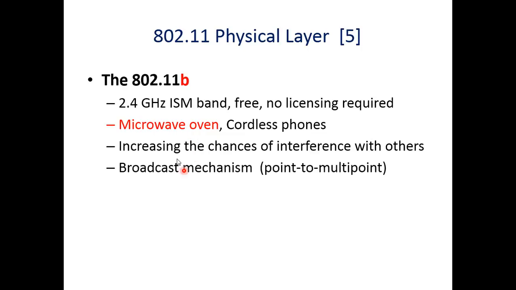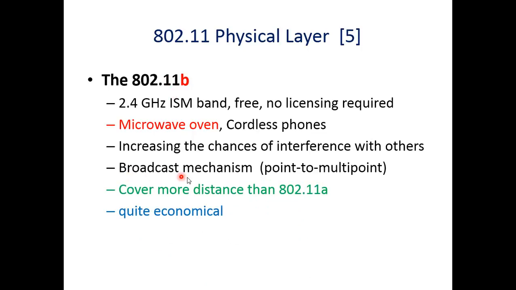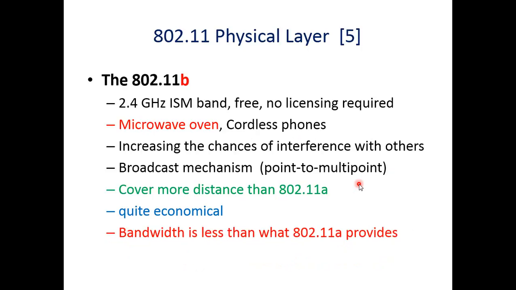So that is the biggest problem in 802.11b. Its broadcast mechanism means point to multi-point, and it covers more distance than 802.11a, so it is quite economical, but the downside is the bandwidth is less than what 802.11a provides.